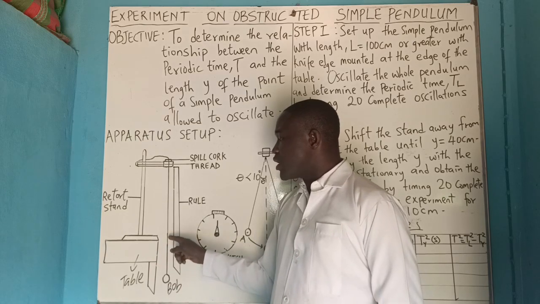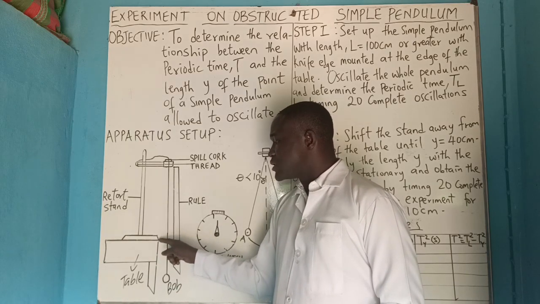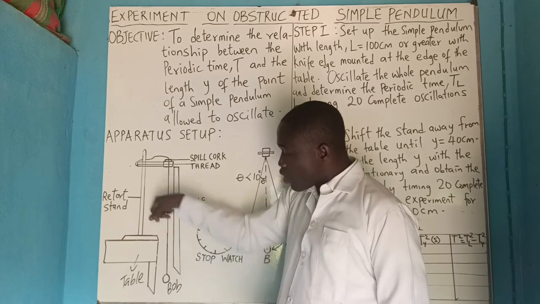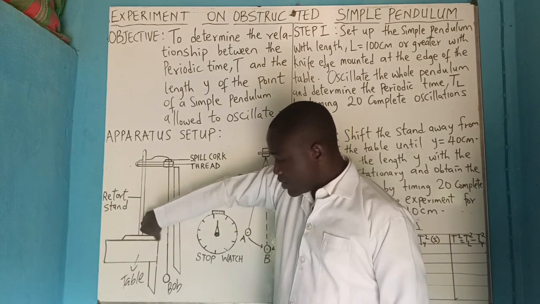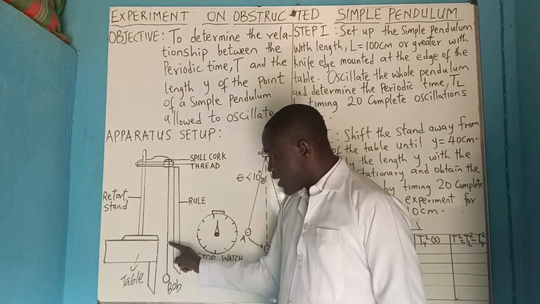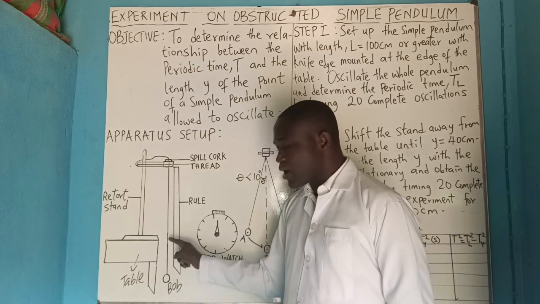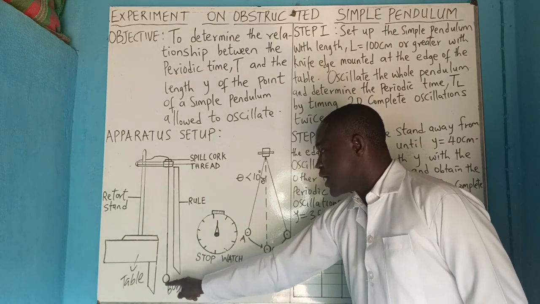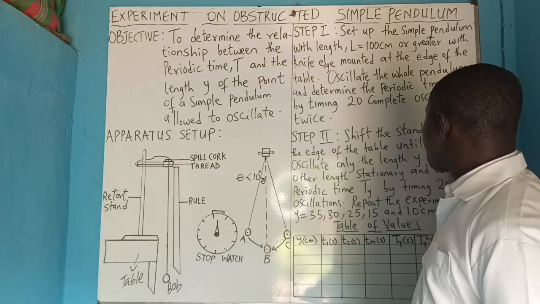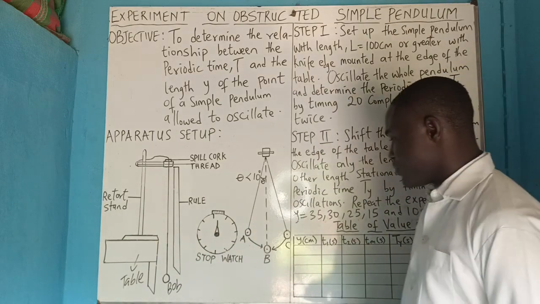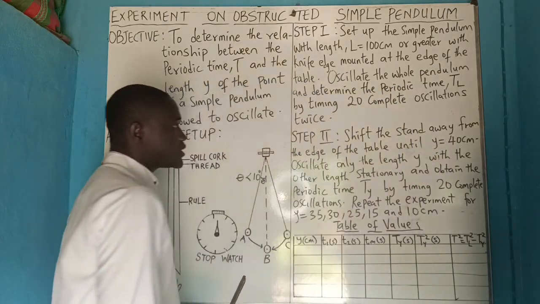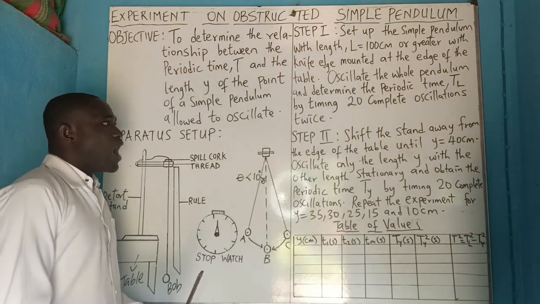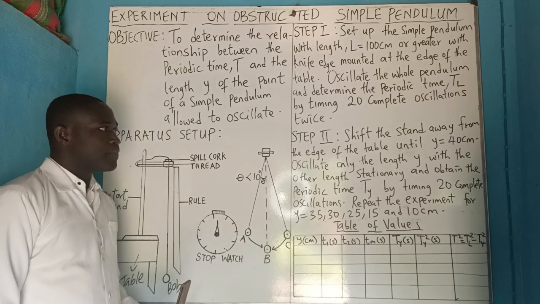So what you now do is that point is touching the table. You have to hold it there and make sure that only from here to here is now oscillating. And that distance from here to here for the first one will be 40 cm. It has to be 40 cm. How do you get the 40 cm?